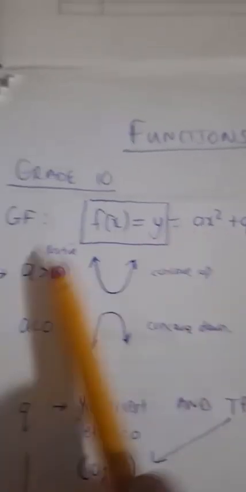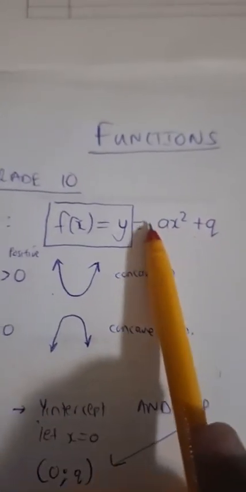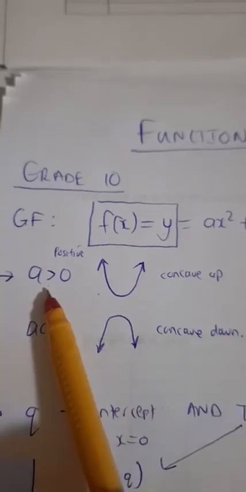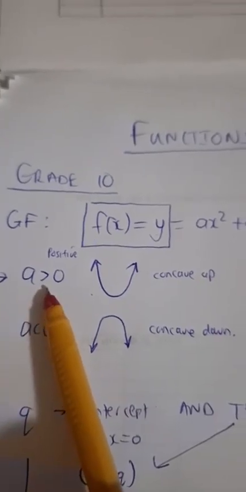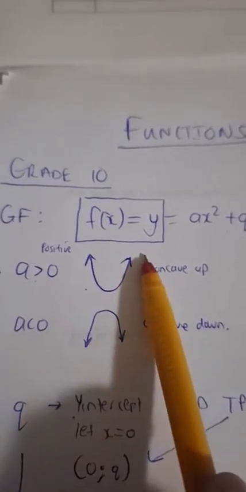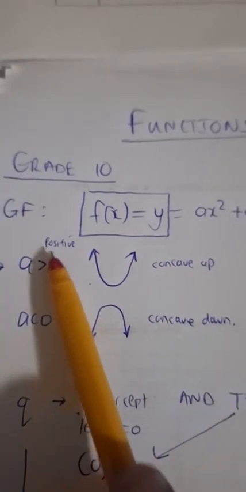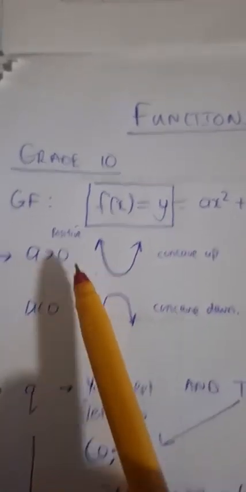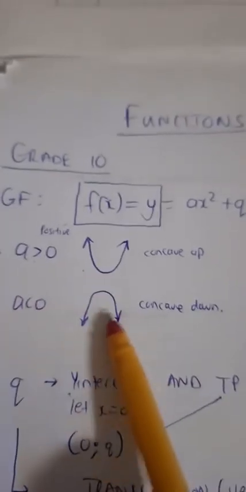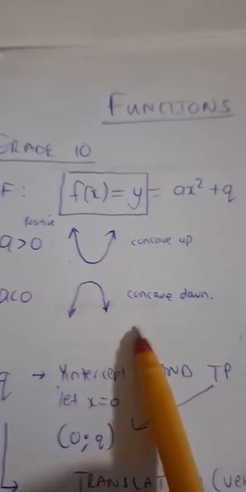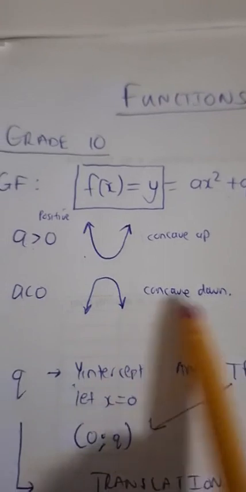Then in grade 10, you'll remember that in this form, your a value gave you the shape of the function. When a is greater than 0, we know that the function is concave up, a smiley face, positive. When a is less than 0, the function is concave down, meaning a sad face.